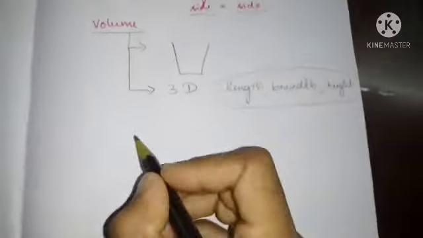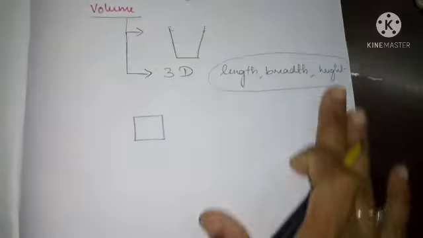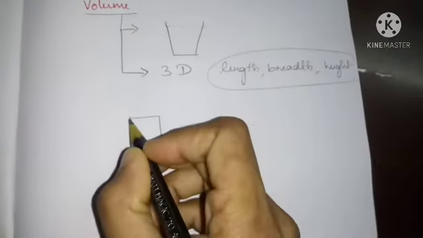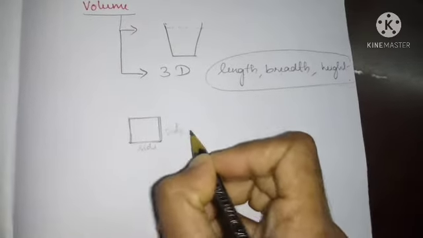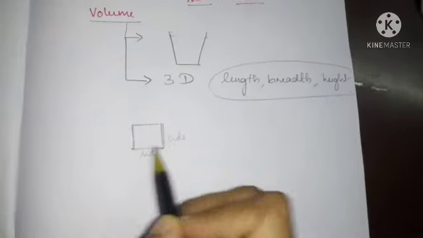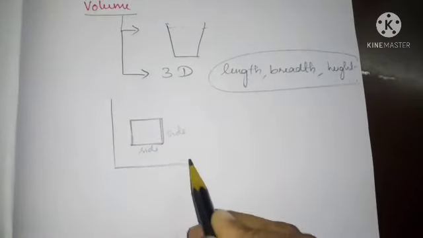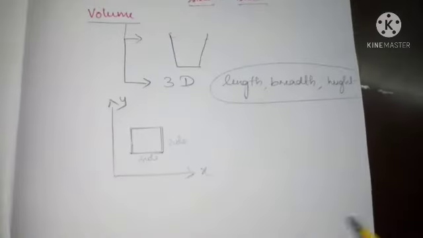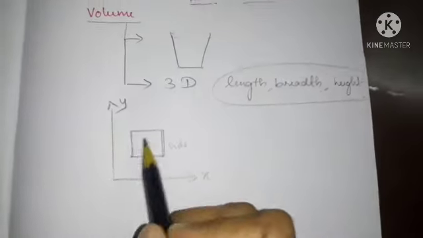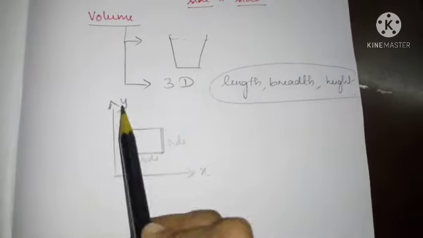When it comes to square, we can draw it in a plane. This is one plane surface where you can draw a square. It will have side. You can draw the square in a graph. You know how to draw a graph, right? X-axis will be there, Y-axis will be there. So for a square, we will have only X-axis and Y-axis.